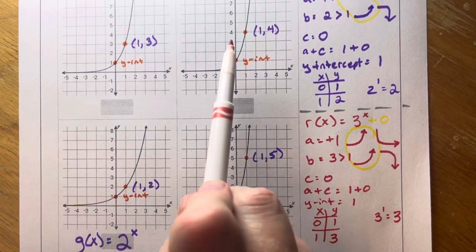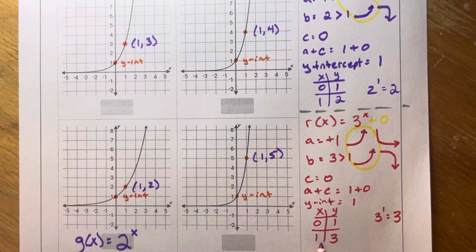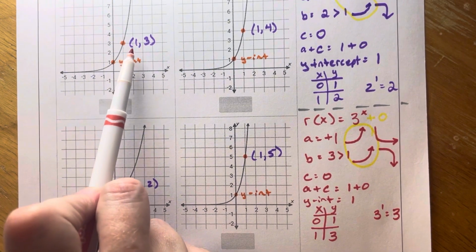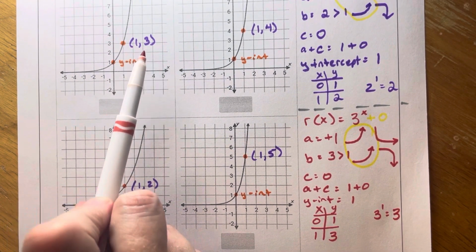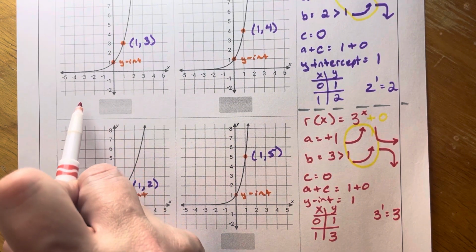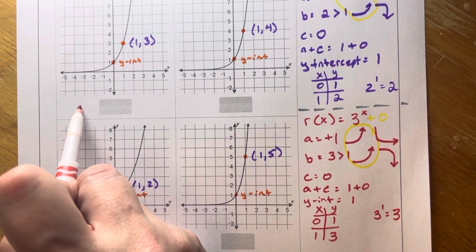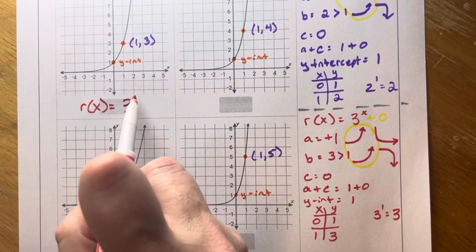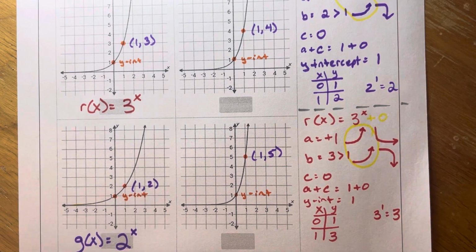And we look at our 4 graphing options and we say, oh yeah, here we are. Here's the only graph that has a coordinate point on its curve of (1, 3) that we saw in our little table. So that gives me an equation of an exponential function of 3 to the x power.